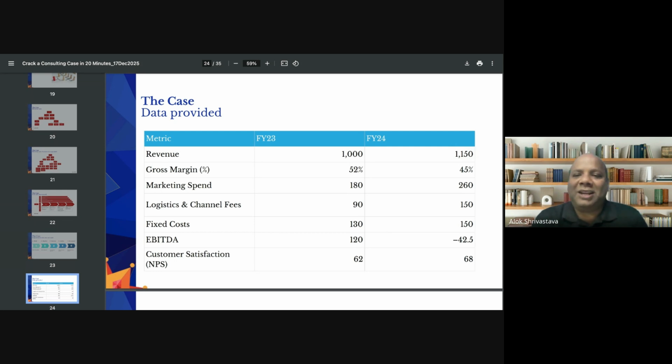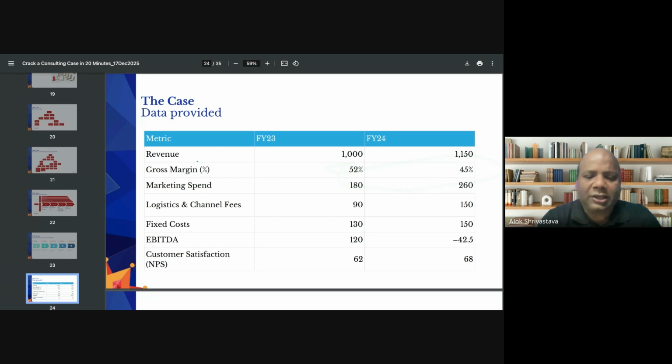Now let me tell you another thing. Why do you think, what are the factors which affect gross margin? Tell me. See, always listen to the problem carefully.